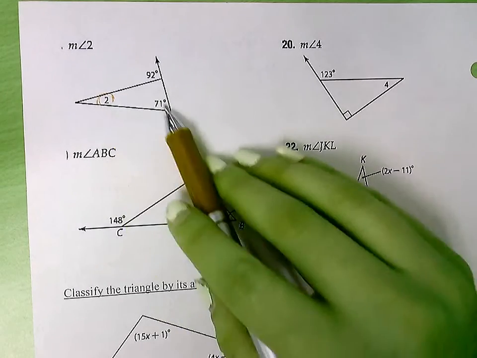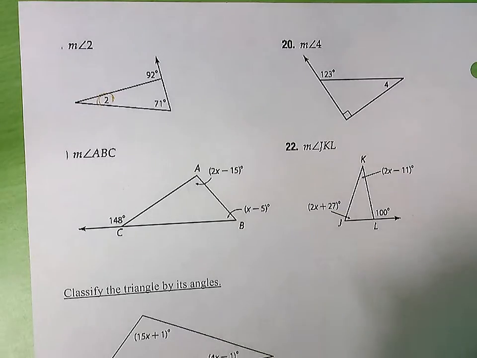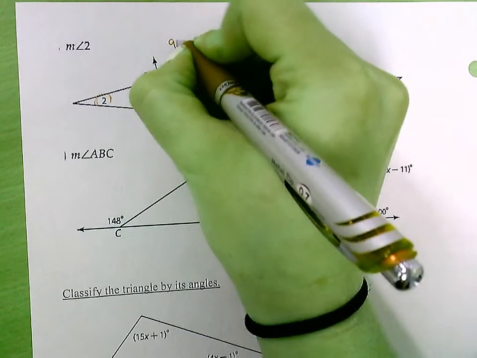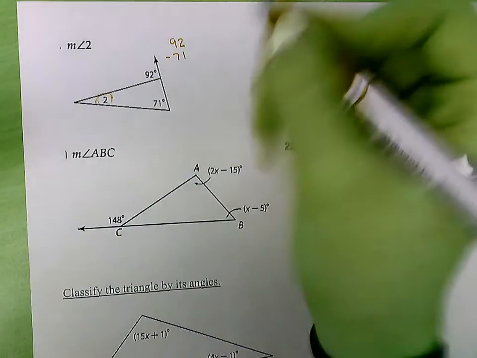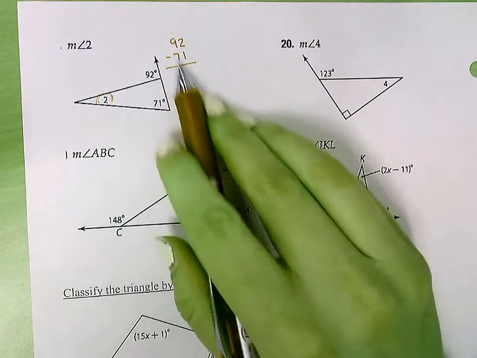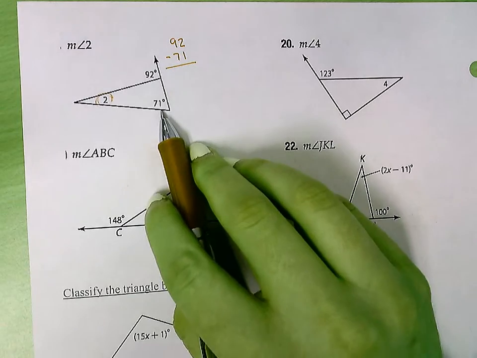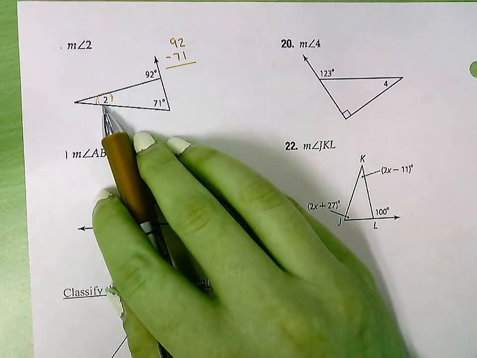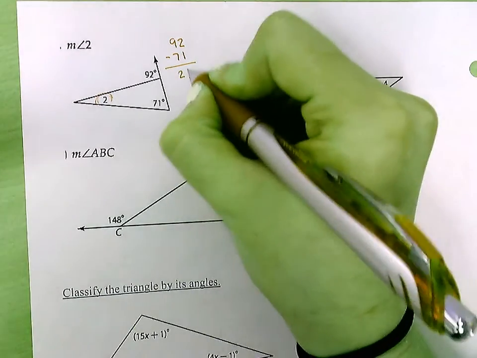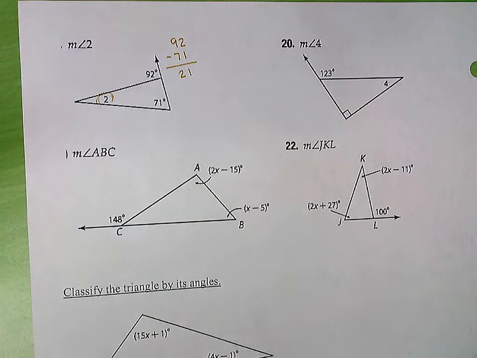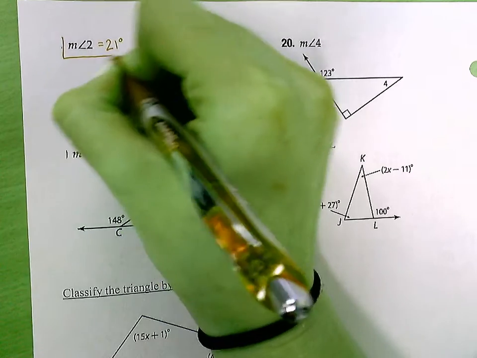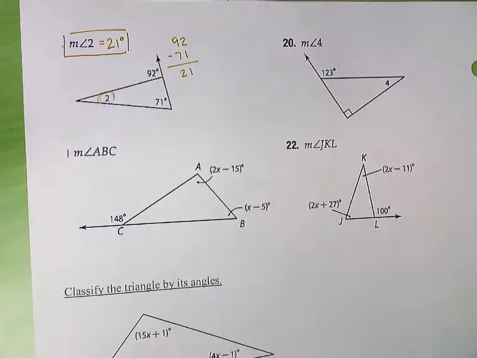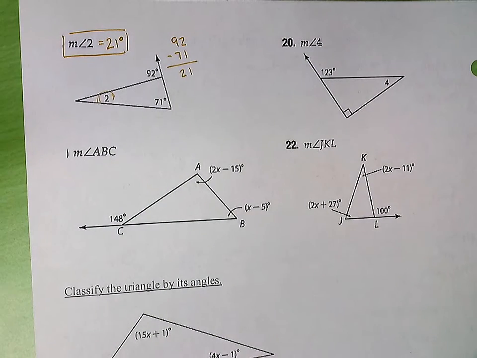Subtract 71 from 92 because 2 plus 71 would equal 92. Good job. I can take my exterior and subtract one of my remote interiors to get the other remote interior, which is 21. So the measure of angle 2 will equal 21 degrees.